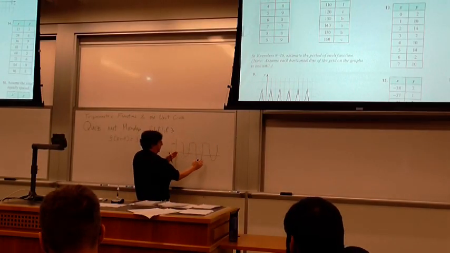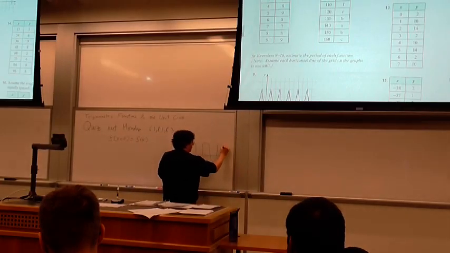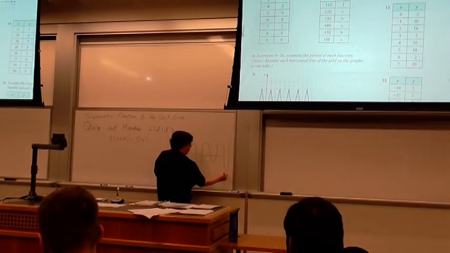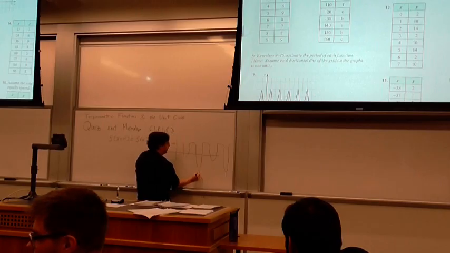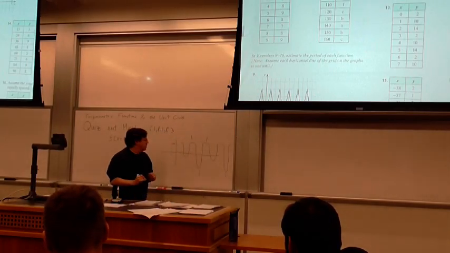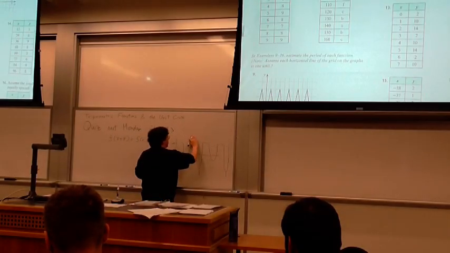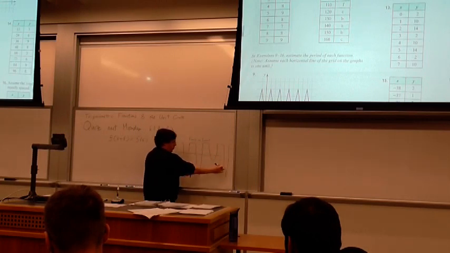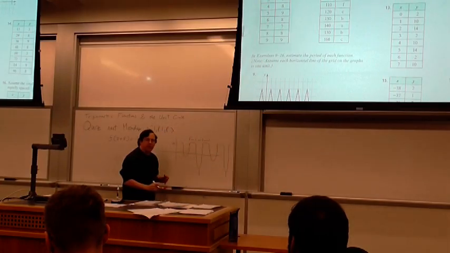Then it's going to repeat like this. So the period is from here to here, not from here to here. Does that make sense? This is not the period of the function, because over here you don't get the same value.